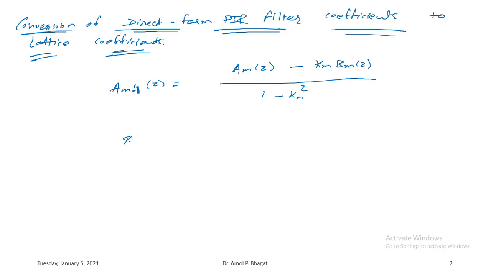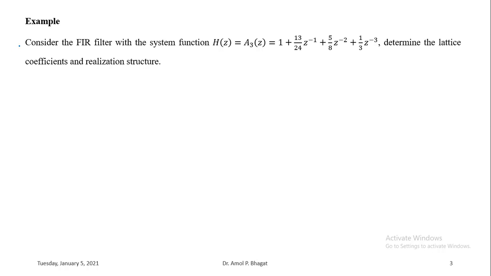Again, this bm of z will be obtained from the equation that we have used in previous session, that is bm of z is equals to z to the power minus m into am of z inverse. Okay, so same equation we'll be using to obtain the bm of z. Okay, again this will be identified recursively, right? So let's try to identify these lattice coefficients from direct form filter coefficient.